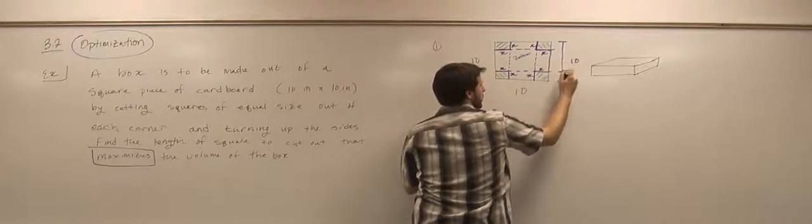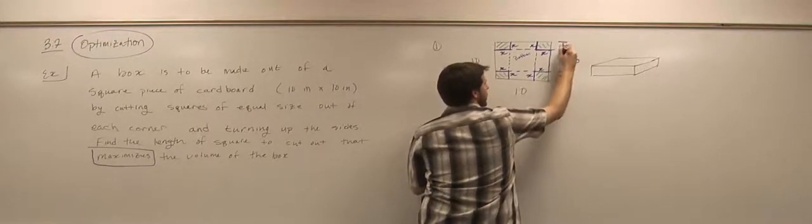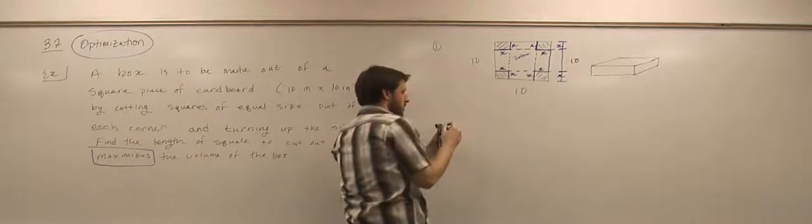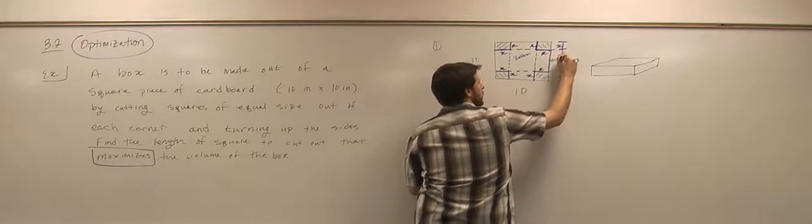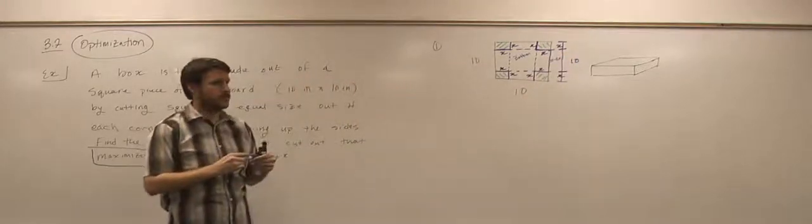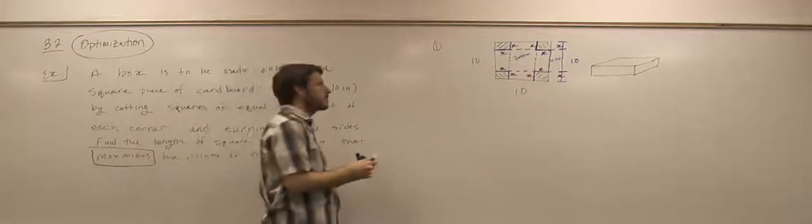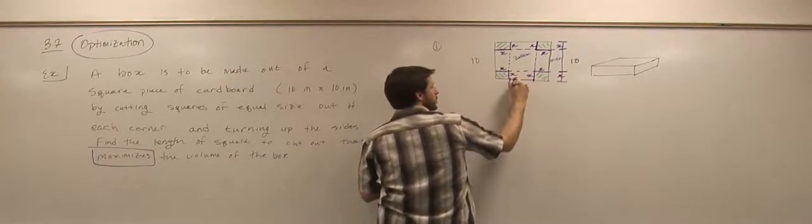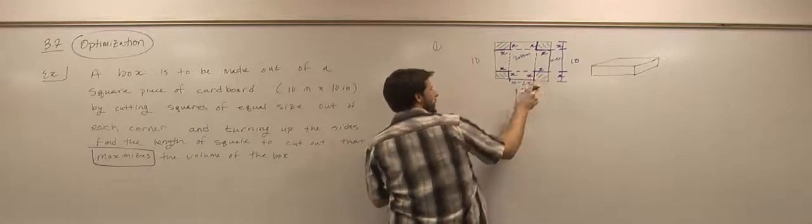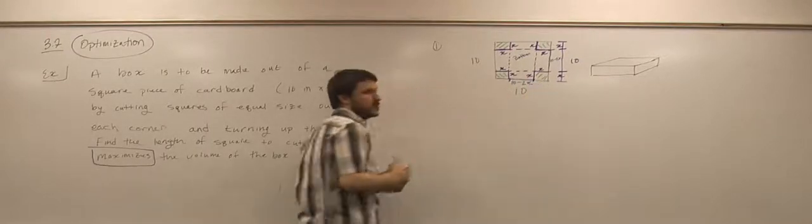But we've cut out an x here and an x here. So this blue length will be 10 minus 2x. And what about down here? Same thing, right? Because you had 10 to start with and you cut out an x on each side.